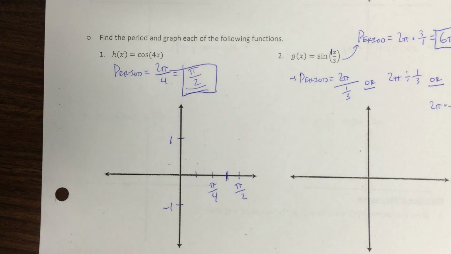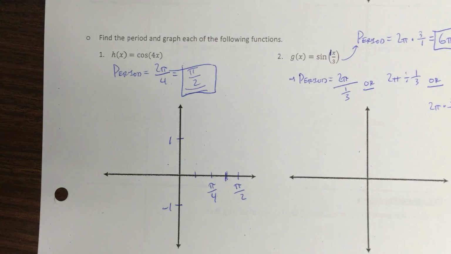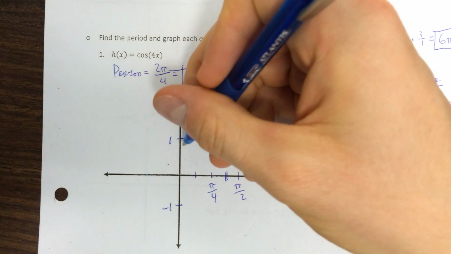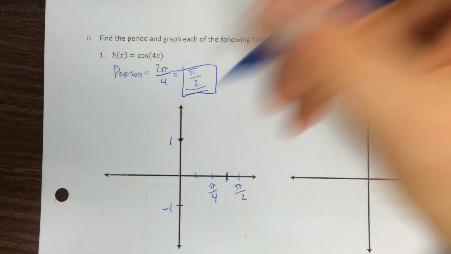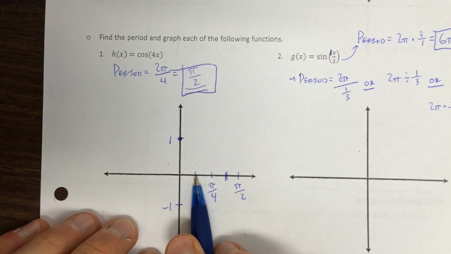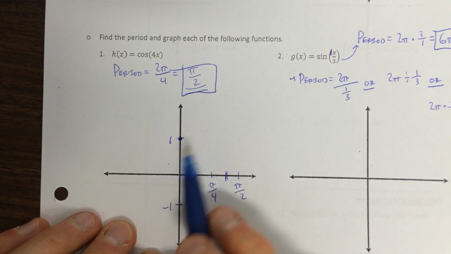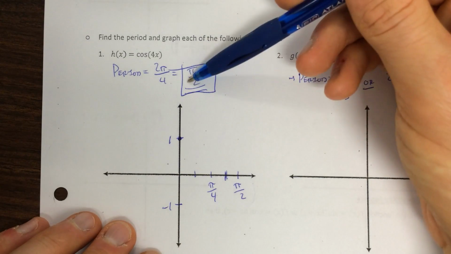Now that we have this, we can just look at the parent function for cosine and basically mirror it, but on a different scale because our new period is pi over 2. So what we know about cosine is it quote-unquote starts at 0. It's going to go down here on our parent function. This value is pi over 2. It's different now because our scaling changed because our period is different.